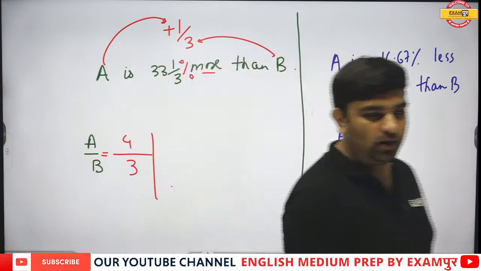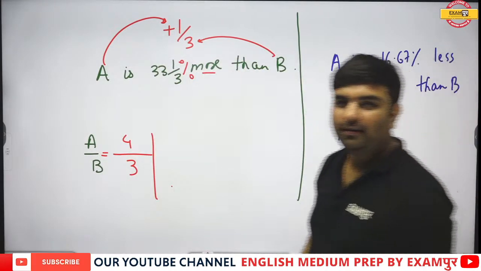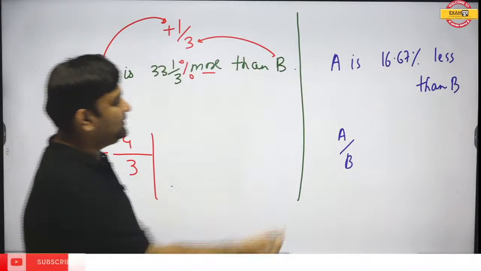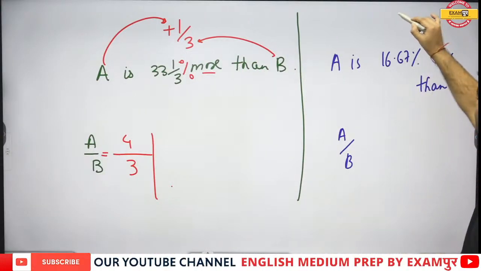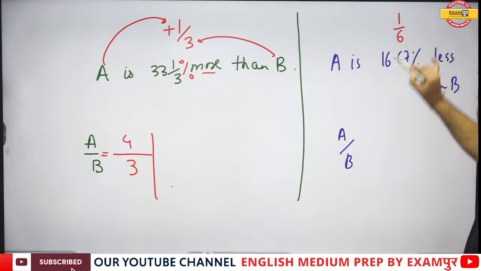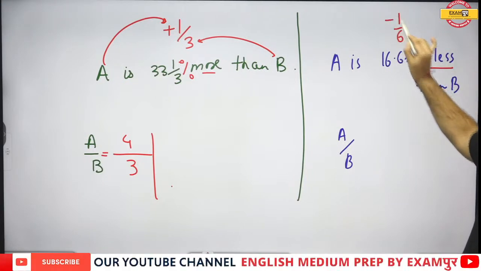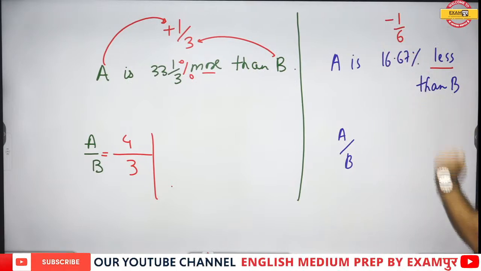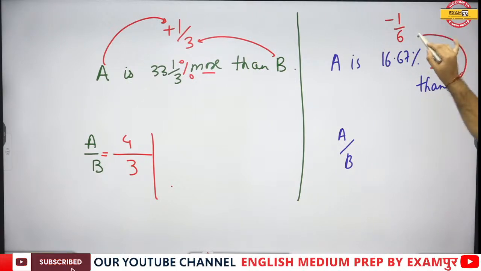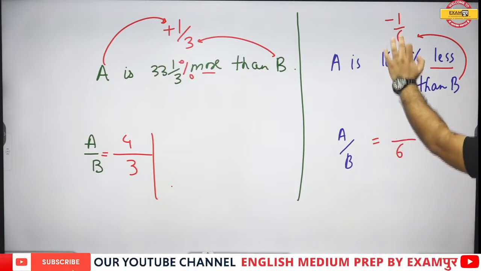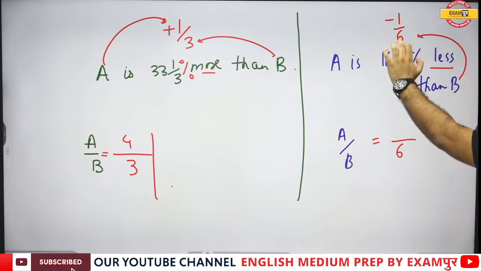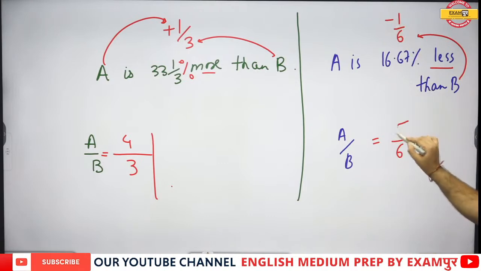Now 16.67% is 1 by 6. Less means negative sign. So if B is 6, then A is 1 less than 6, that is 6 minus 1, 5.